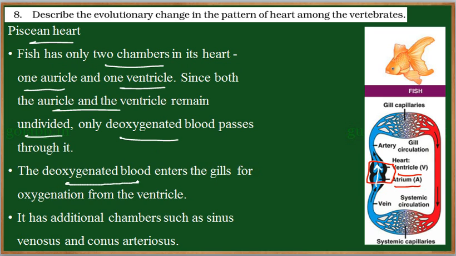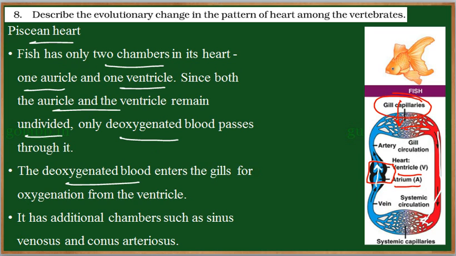Now this deoxygenated blood from the heart enters into the gills. It reaches the gills. So gills is the respiratory organ of a fish. So in the gills, respiration takes place and the oxygen enters into the blood. Now the deoxygenated blood which enters into the gills gets converted into oxygenated blood, and this oxygenated blood is supplied to the different tissues.